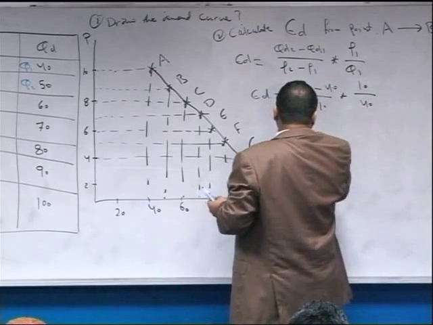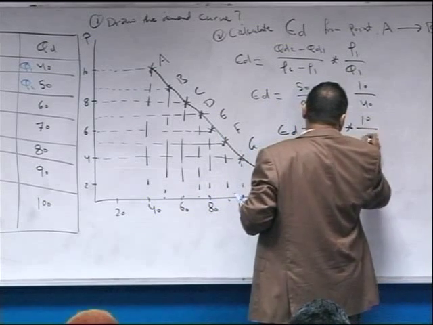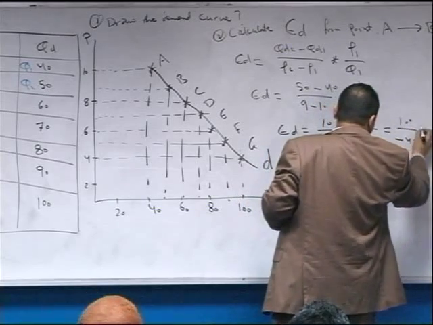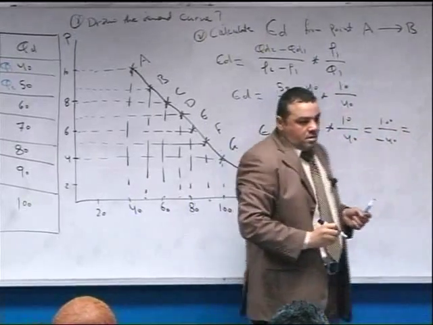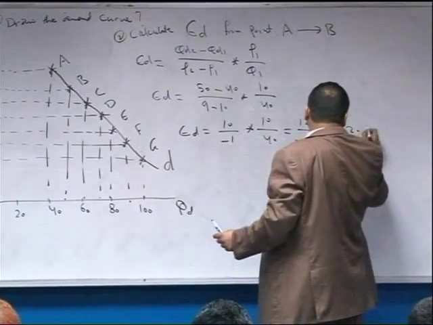So ED equals 10 over minus 1 times 10 over 40 equals 100 over minus 40 equals minus 2.5.